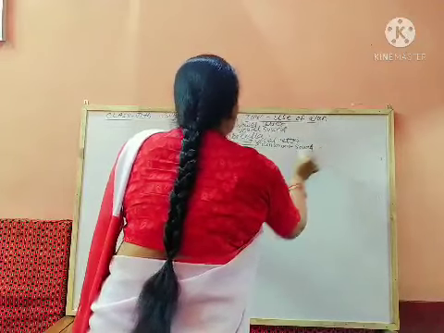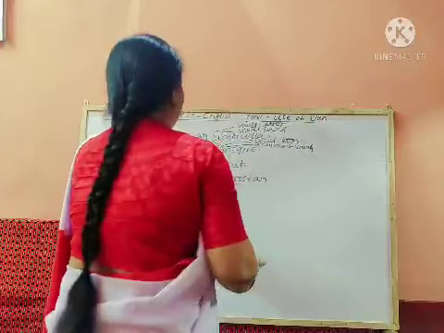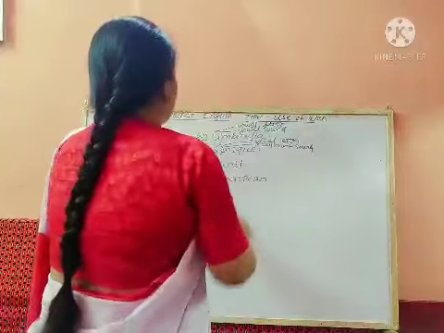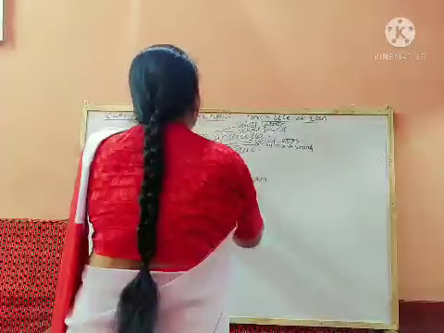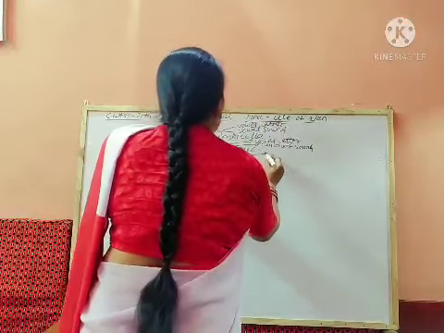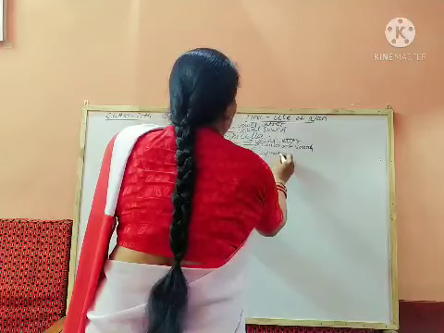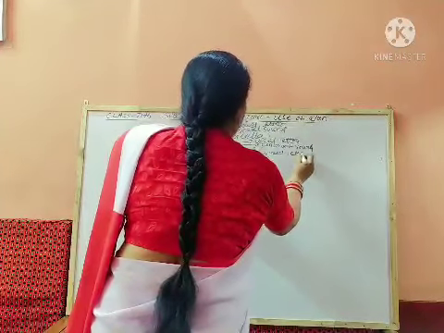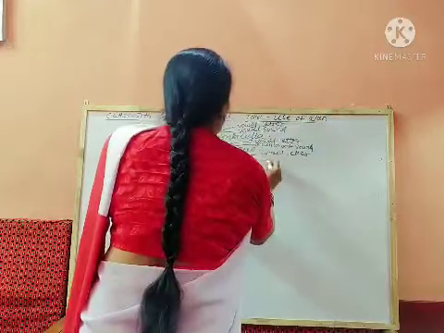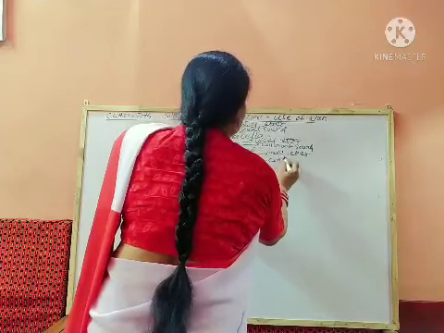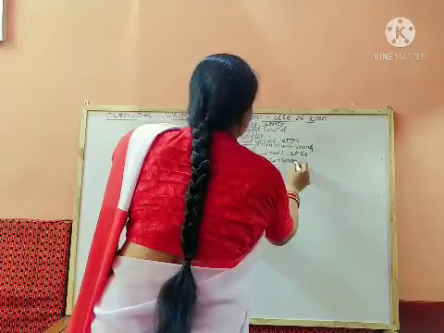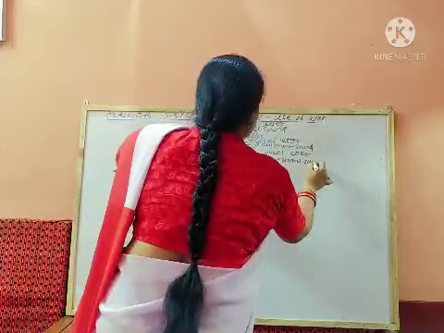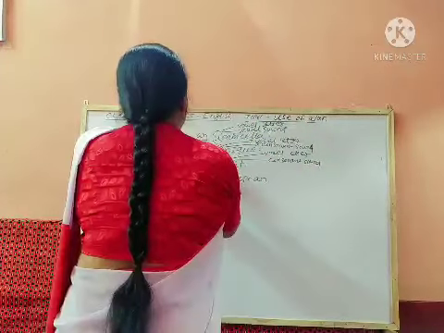So in this place we use A. Next, unit. U is the vowel letter but the sound is consonant, "yu". So in this place we use A.